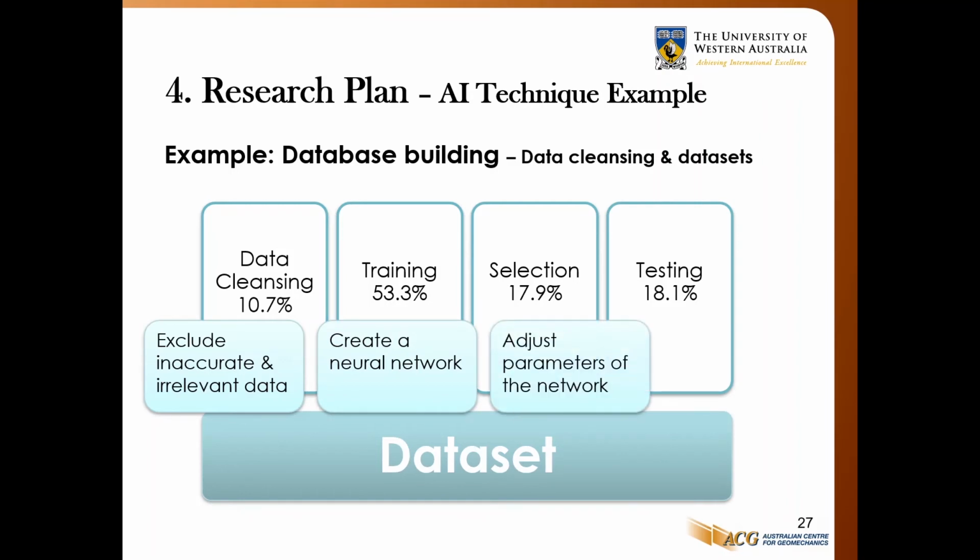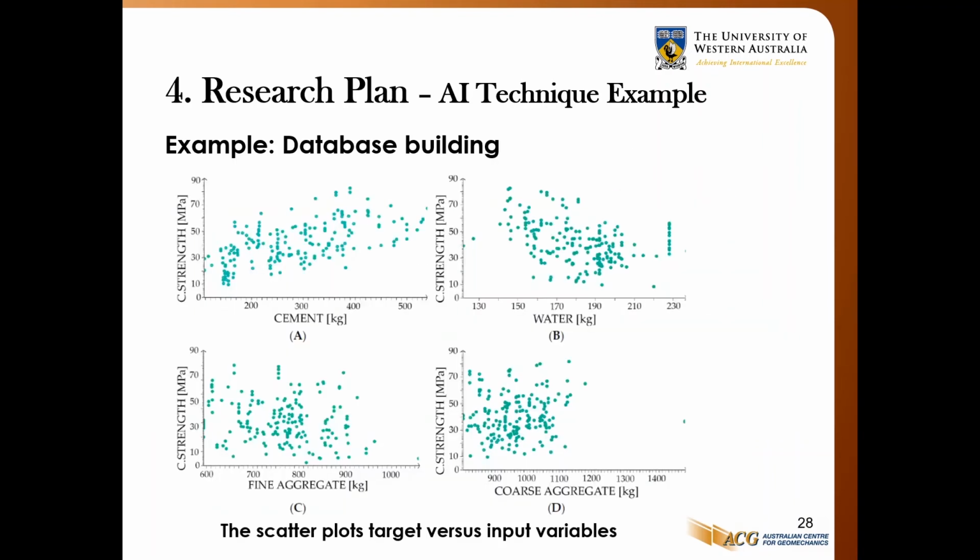The second is the selection dataset, which is used to adjust the parameters of the network. And the other is the testing dataset, which is used to evaluate the efficiency of the network. And these are the scatter plots of the target variable versus the input variables. The vertical axis is the compressive strength, and the horizontal axis is the amount of the input variables, like the cement, water, fine aggregate, and the coarse aggregate.